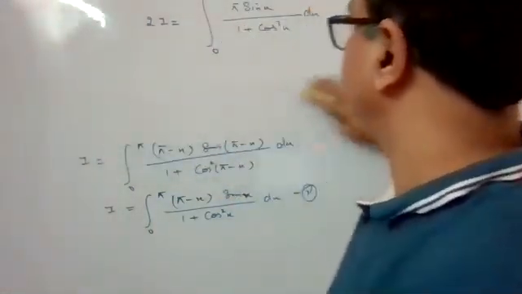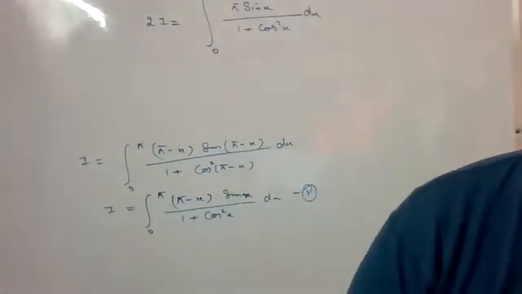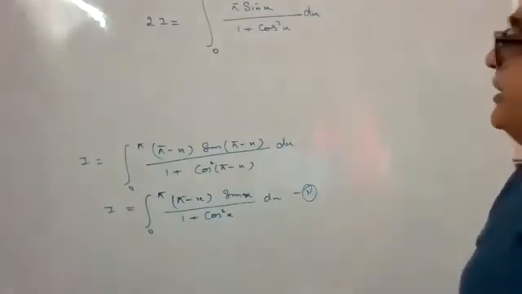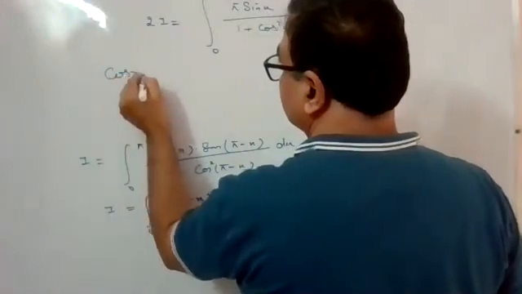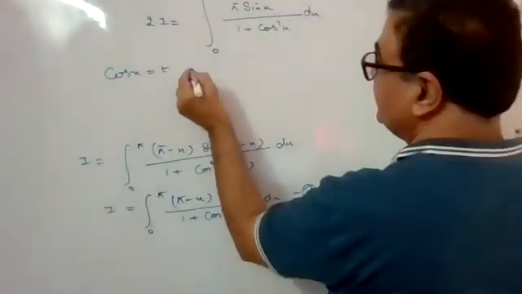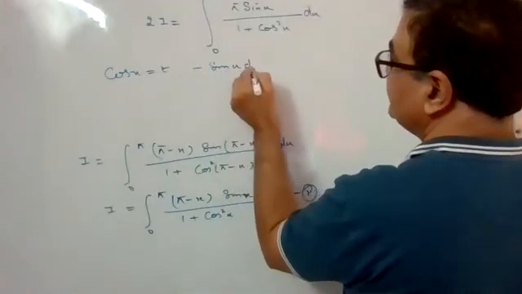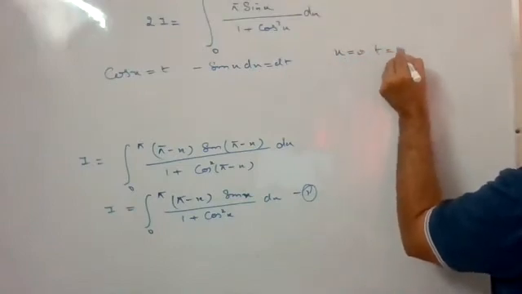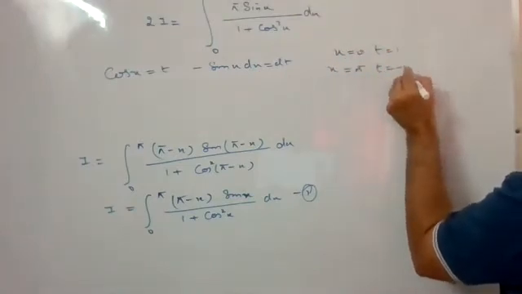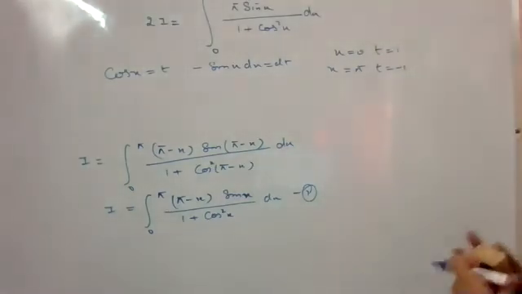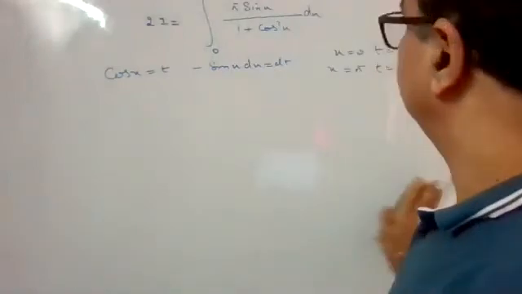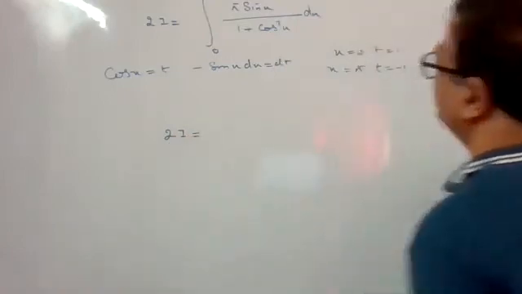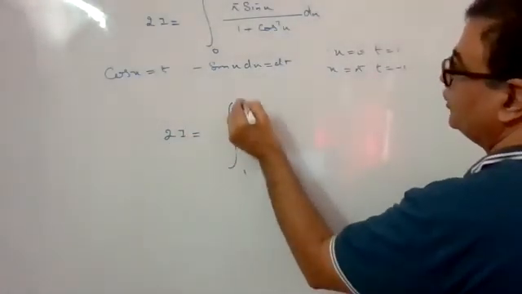Then what will the next step be? So take cos x as t. Yes, we will take cos x as t. When you have cos x as t, the derivative comes out to be minus sin x dx is dt. At the same time, when x is 0, t is coming 1. When x is pi, t is coming minus 1. 2I, this will go from 1 to minus 1.